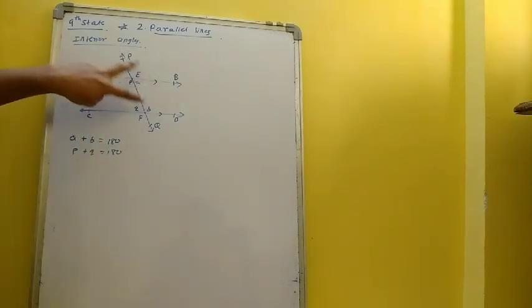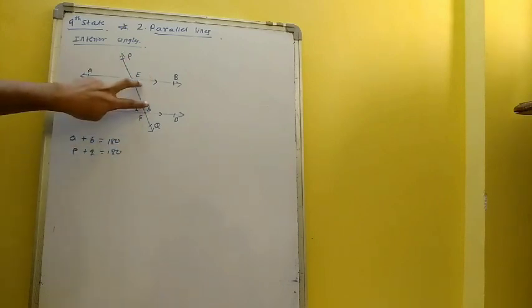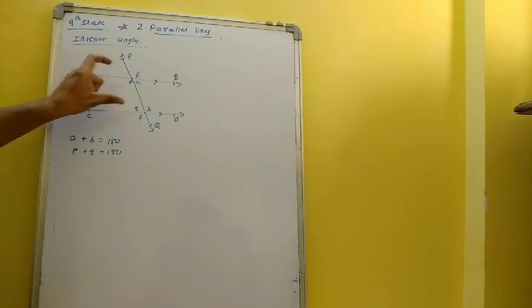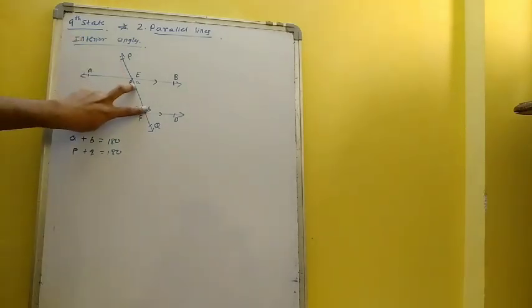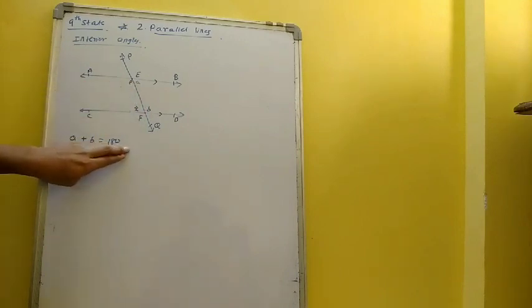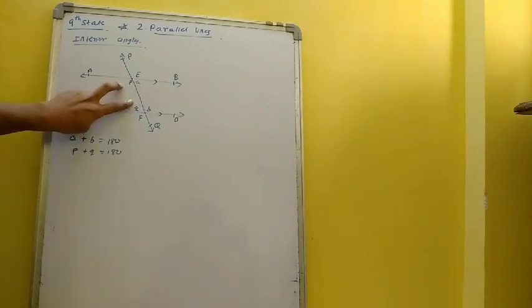When there are parallel lines and a transversal, these two angles are in the interior of the parallel lines. Interior means inside. Therefore, these are the interior angles. So a plus b is equal to 180 and p plus q is also 180.